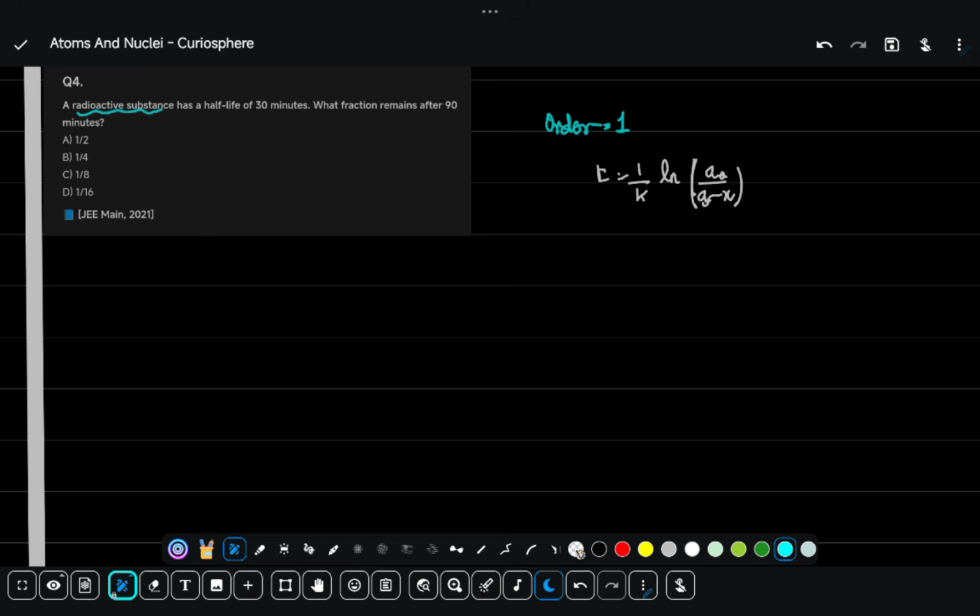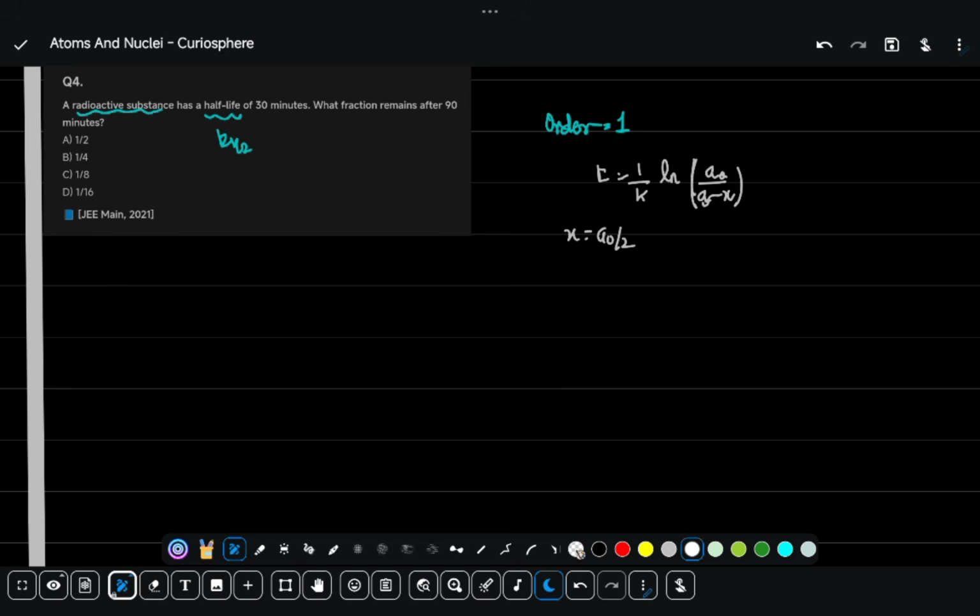In chemistry also, it will be applied in the same semester, in chemical kinetics, radioactive substance half-life, T half. Now tell me, what is T half? Half-life is the time taken for the radioactive substance to reduce to half of its mass. So for T half, x must be A naught by 2.